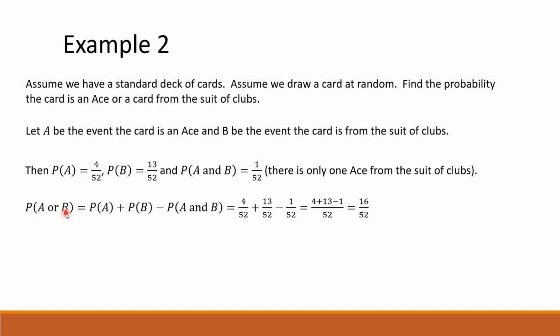So going back to that formula, we have the sum minus what's in both. Remember, when you have a common denominator, you just add or subtract the numerators. Just basic fractions. So we have 4 plus 13 minus 1. That's 16 out of 52. So that's an example.